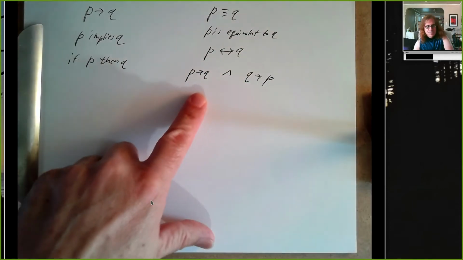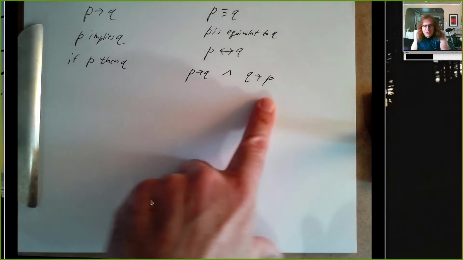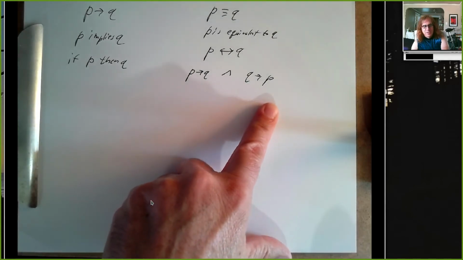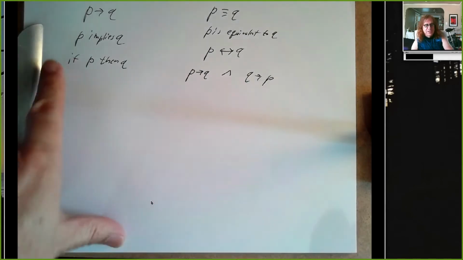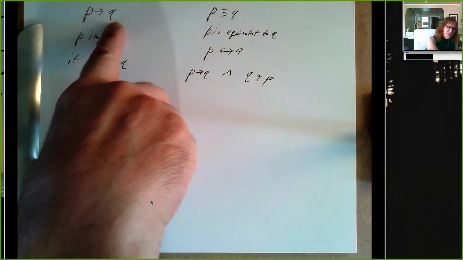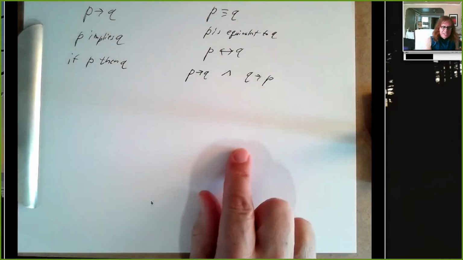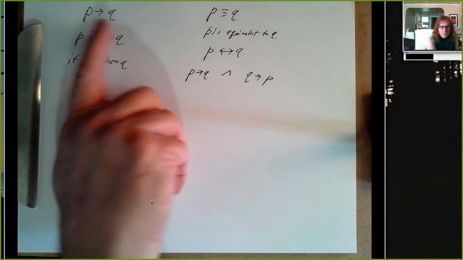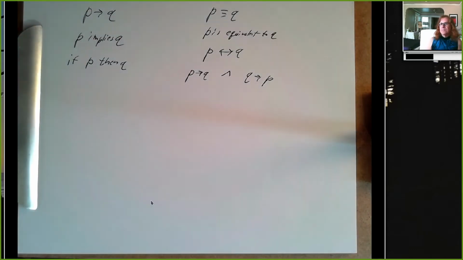So it says P implies Q, but also Q implies P. Okay, it's a stronger statement than just implication. So P implies Q says if P is true, Q is true. Equivalence says, and the only time Q is true is if P is true. Alright, good question.